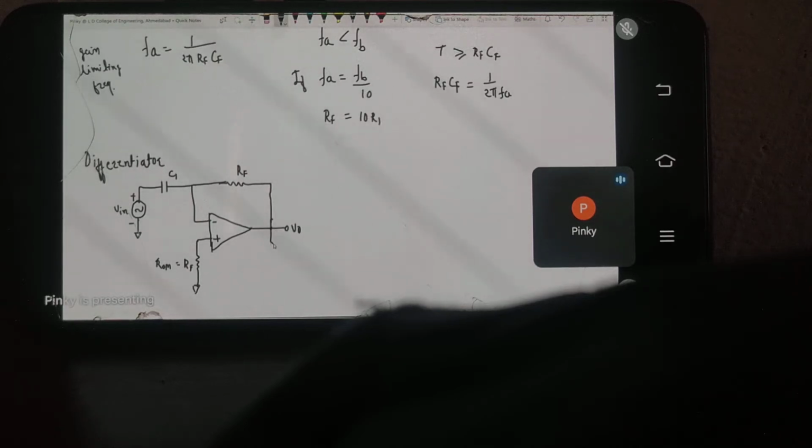Now tell me the steps to find out the output formula. How will we derive the output formula?